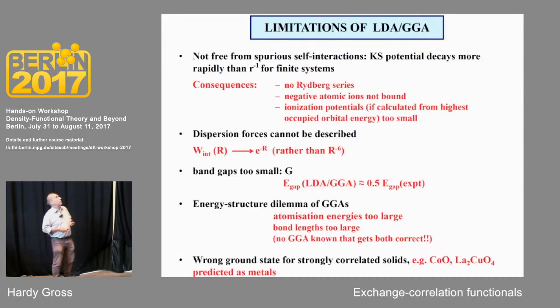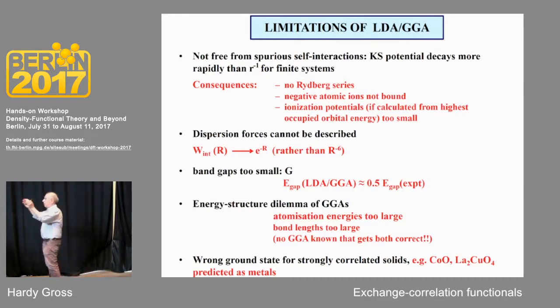But there are limitations. First of all, LDA and GGAs contain spurious self-interactions. So what is a self-interaction? Imagine the Hartree energy, rho of r prime divided by |r minus r prime|.